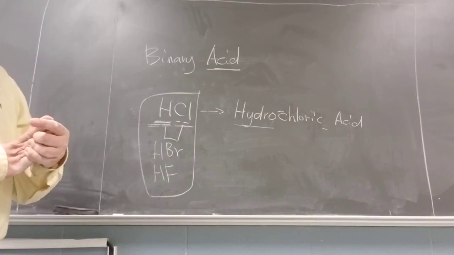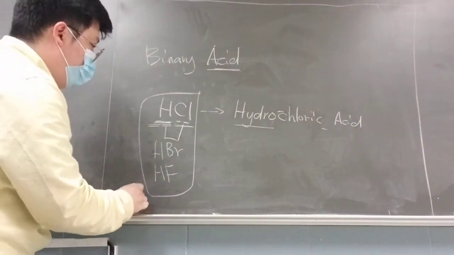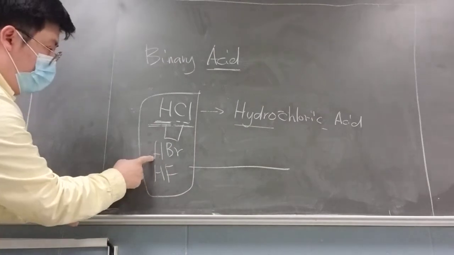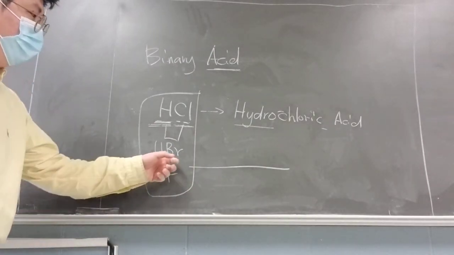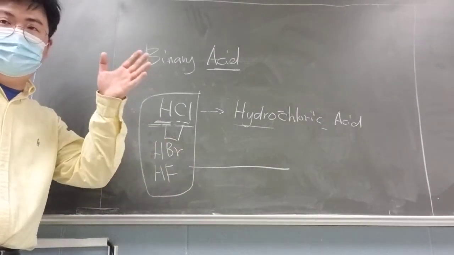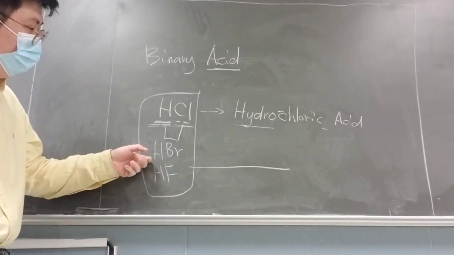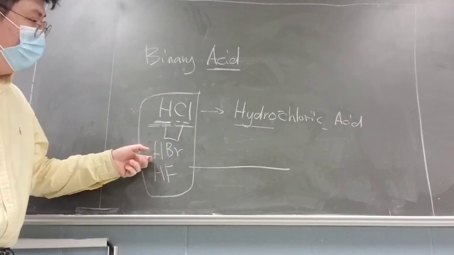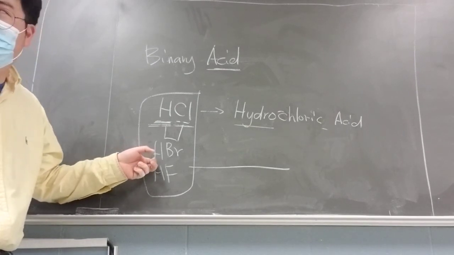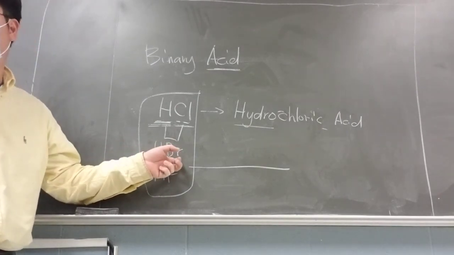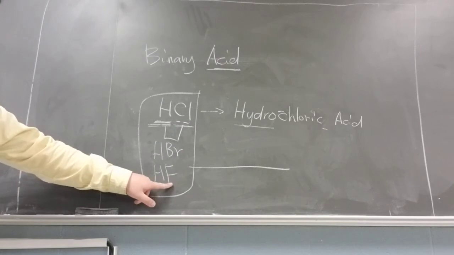Okay, so can you guys actually do this one? This is HBr. So this is the bromine, but you're going to change the last part of the bromine to IC acid here, and this will become not hydrogen but hydro. So it will become hydrobromic acid. Perfect. Okay. How about fluorine here?